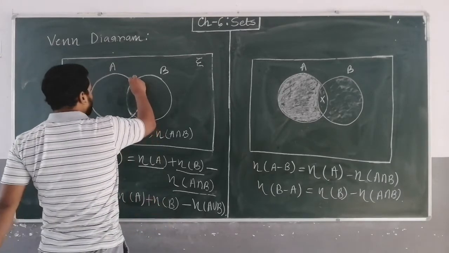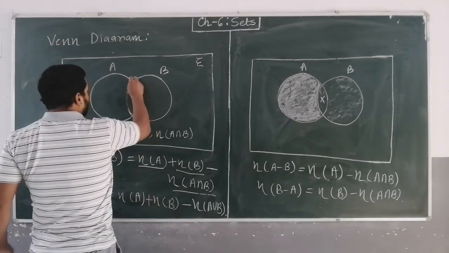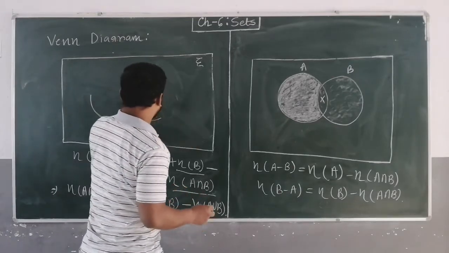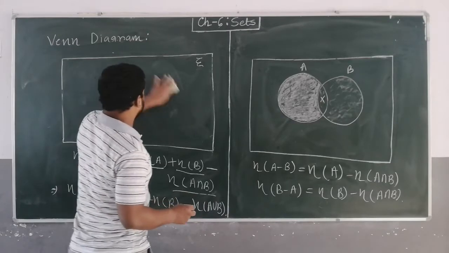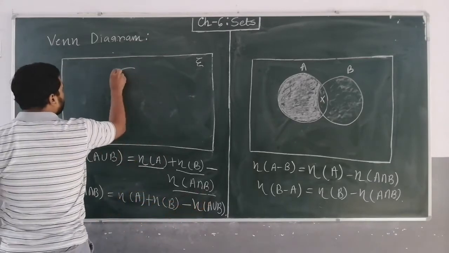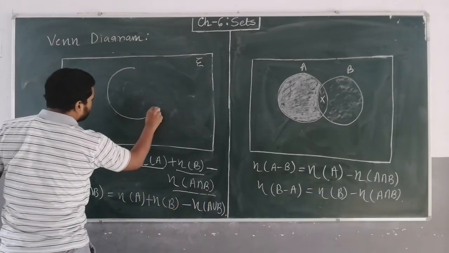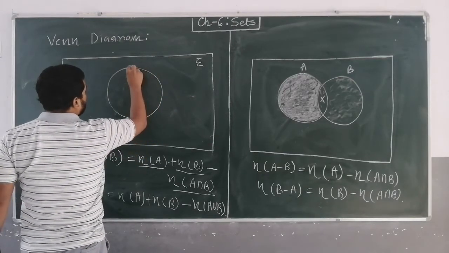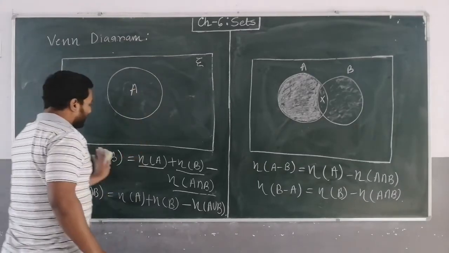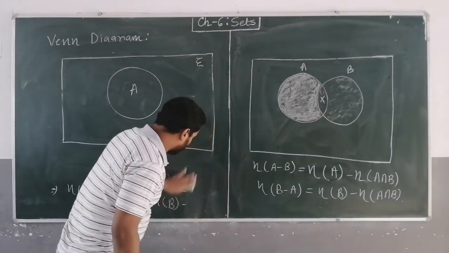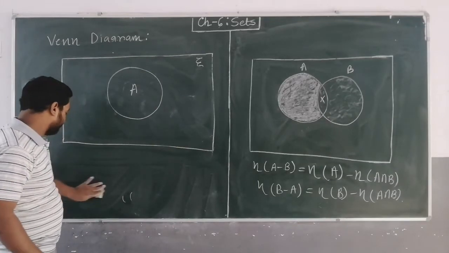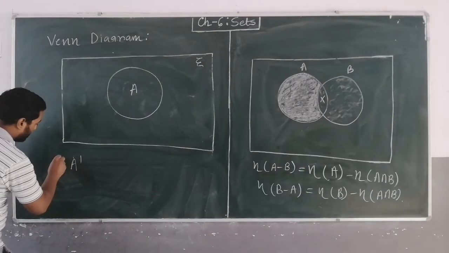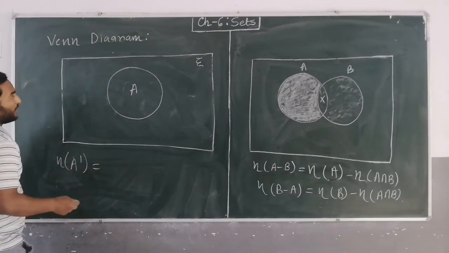Next, suppose only one set is there. Suppose a set is there, A. This is the set A. If you want to find the cardinal number of A complement, then what will be that?